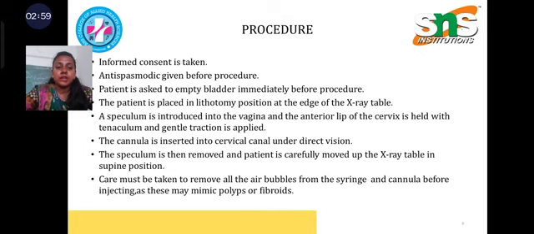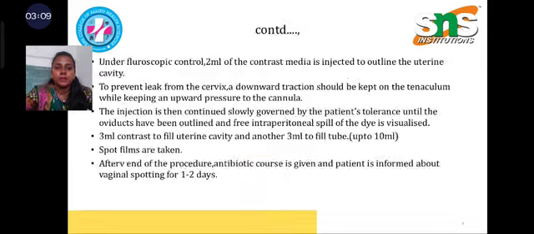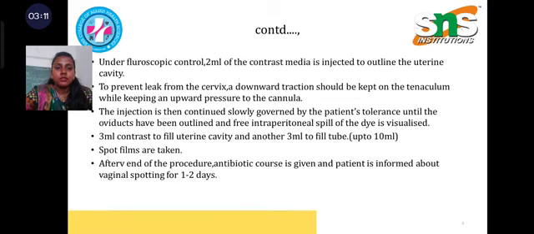Care must be taken to remove all the air bubbles from the syringe and cannula before injecting, as these may mimic polyps or fibroids. Under fluoroscopic control, 2 ml of the contrast media is injected to outline the uterine cavity. To prevent leak from the cervix, a downward traction should be kept on the tenaculum while keeping an upward pressure on the cannula.